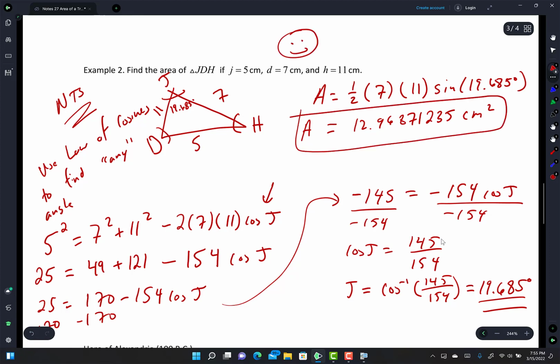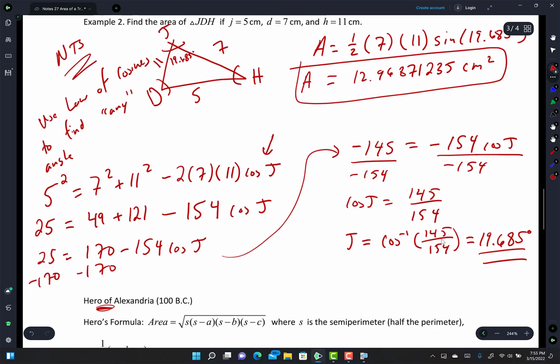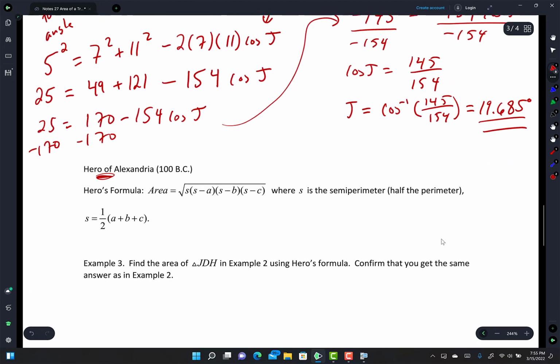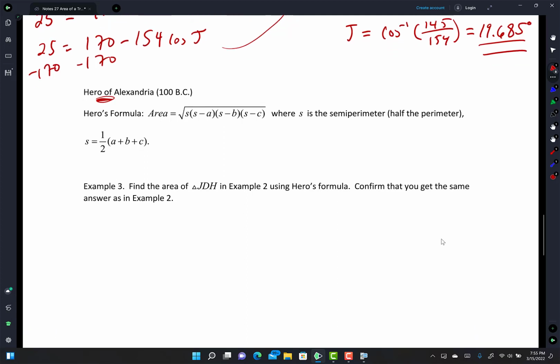Okay. You guys ready for the next one? I'm not a history buff, guys, but I'm really excited about this next one. And I'm going to throw a challenge out there. Hero of Alexandria, 100 BC. I think if you Google it, some of them call him Heron or something.